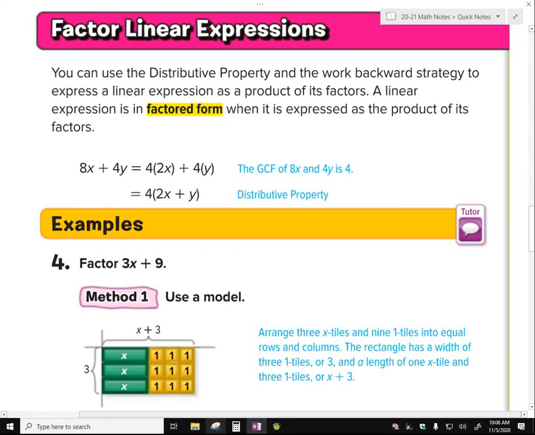Whenever you find the greatest common factor of these expressions, that's going to be on the outside of the parentheses. So they realize that the GCF of 8x and 4y is 4. So they pulled the 4 out of the parentheses to have it be 4 times the quantity 2x plus y. Because if you were to distribute the 4 into both of these, you come back with 8x plus 4y.